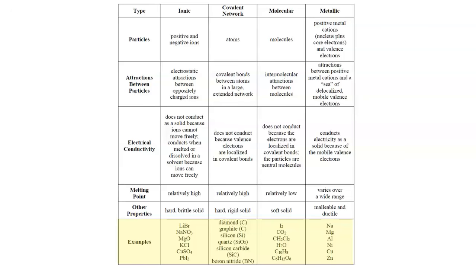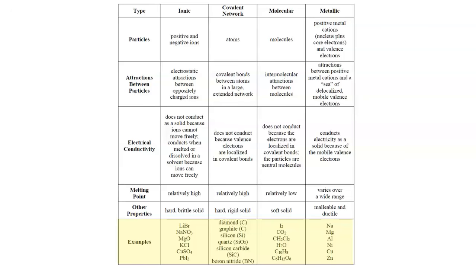For the covalent network, what I normally tell my students is to memorize this relatively short list of examples of covalent network solids. That includes diamond and graphite, which is carbon, silicon, so Si for silicon, quartz, SiO2, silicon carbide, SiC, and boron nitride, BN.